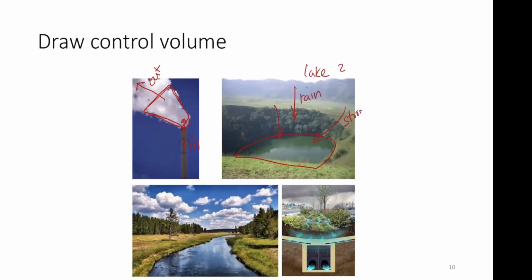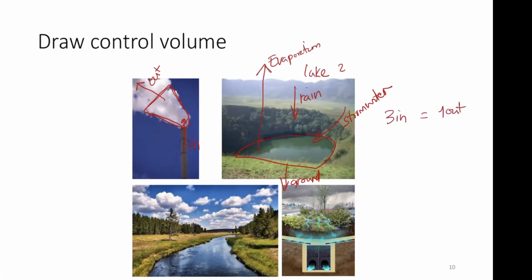This is storm water or runoff, and then you may be losing some water to groundwater underground. So you have two incoming and one outgoing. Actually, I didn't write the outgoing, so let's write it. The outgoing will be evaporation. So you have three in and you have one out.